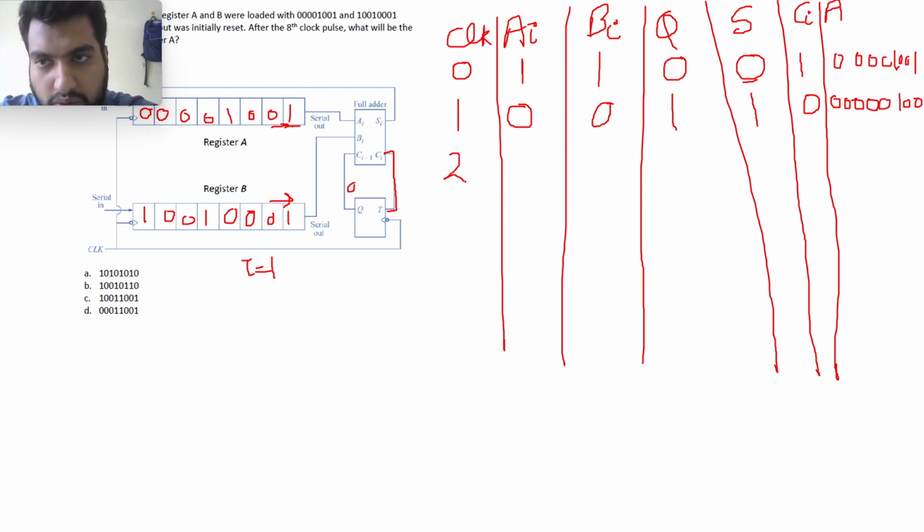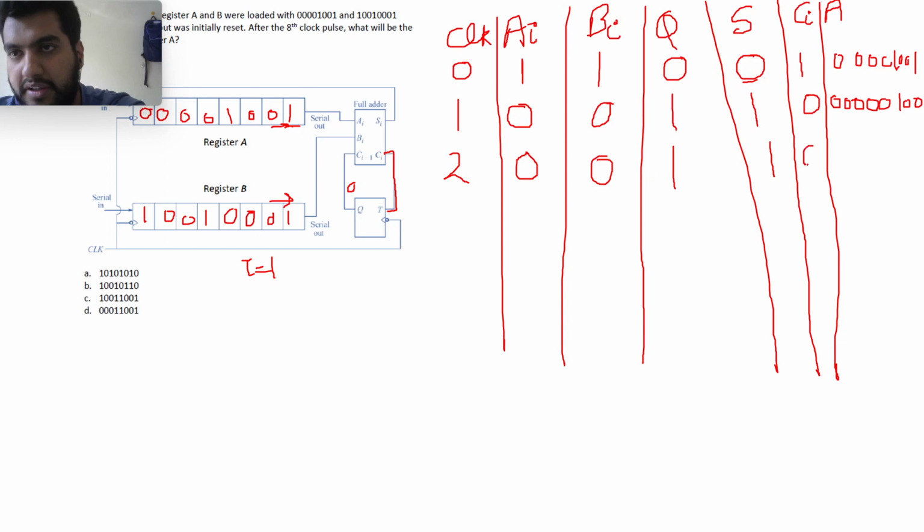Now clock cycle 2, my AI will be 0 and my BI will be 0. Ci is 0, that means Q will remain as 1. Sum will be equal to 1 because my Ci minus 1 is 1. And my carry will be 0.